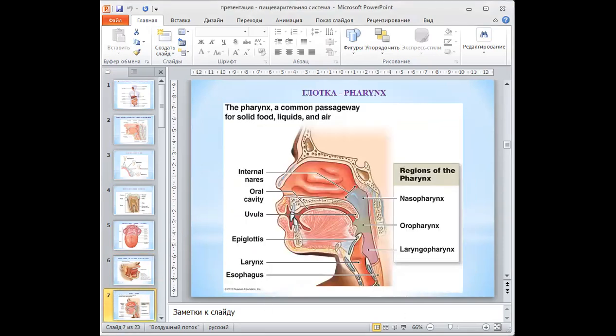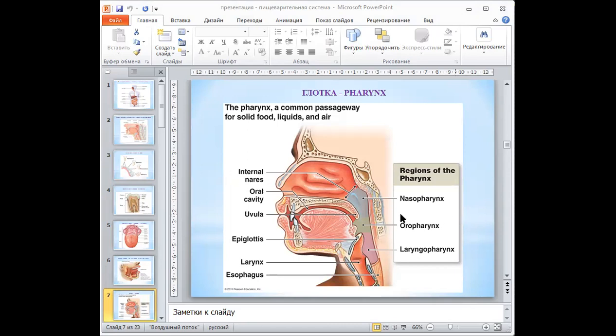The pharynx. The pharynx is a funnel-shaped channel 12 to 14 centimeters long. It begins at the base of the skull and ends at the level of the 6th to 7th cervical vertebra.